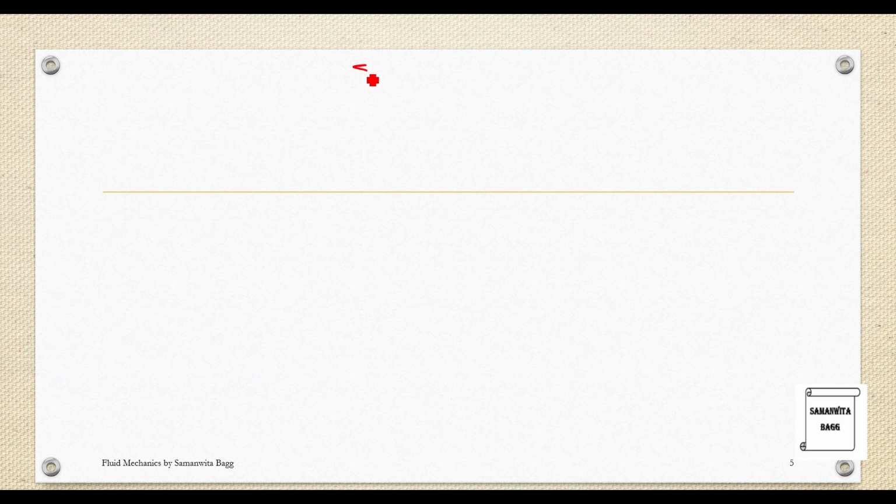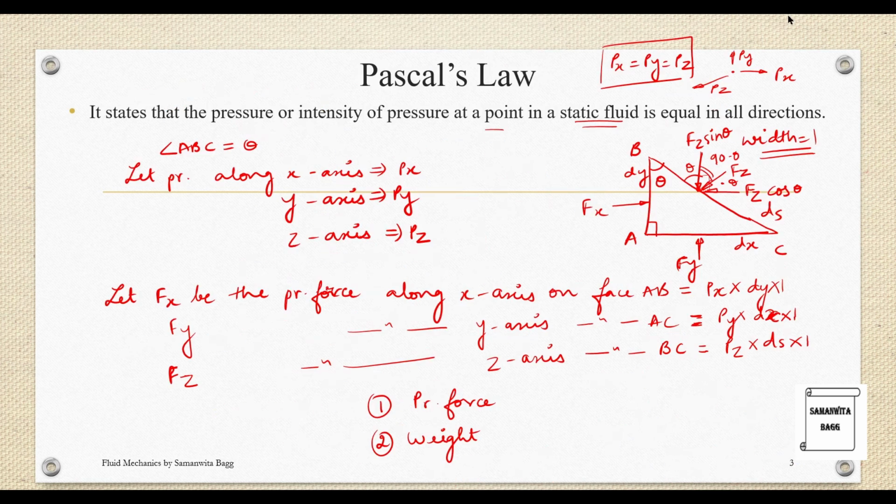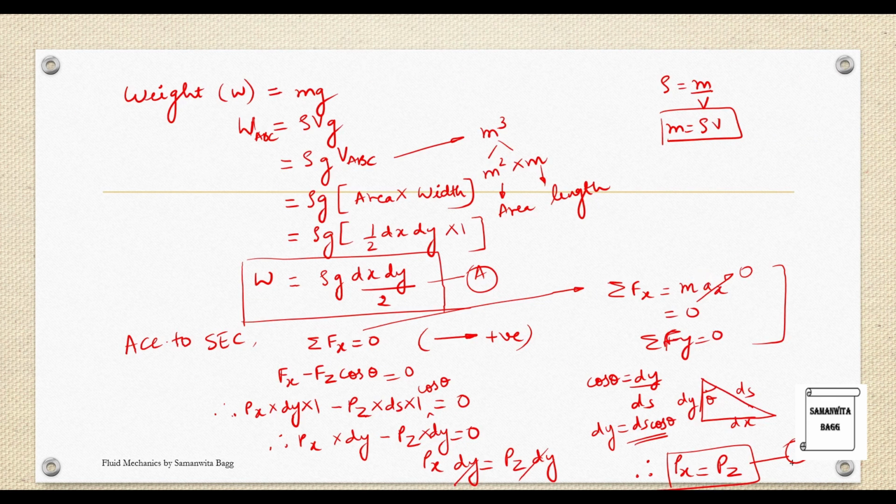Now let's use the second static equilibrium condition, that is Fy is equal to 0. Along the upward direction, I'll say the forces are positive. So if you look at the diagram, you will see here Fy goes in the upward direction and Fz sin theta goes in the downward direction.